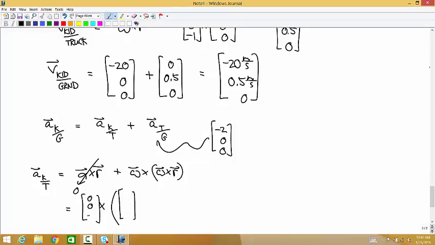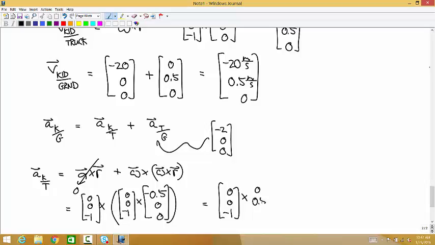So 0, 0, negative 1, crossed with the quantity 0, 0, negative 1, cross negative 0.5, 0, 0. And that's equal to 0, 0, negative 1, crossed with what we got before, 0, 0.5, 0. And so you get a value of 0.5, 0, 0.